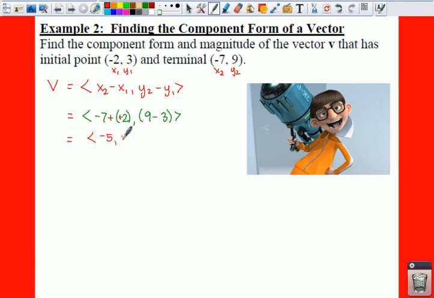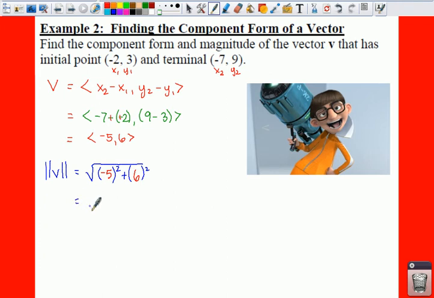So your vector form becomes -5, comma, 6. So if we want to find our magnitude now, the easiest way to find the magnitude of our vector, remember the double lines, that's a nice straight line. Double lines of your magnitude of v, then you're just going to take the square root of your -5, and we're going to square that, plus the square of your 6.